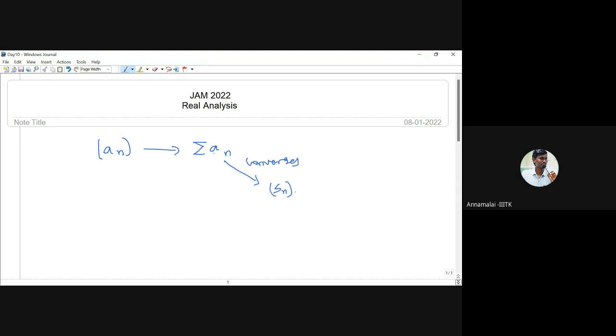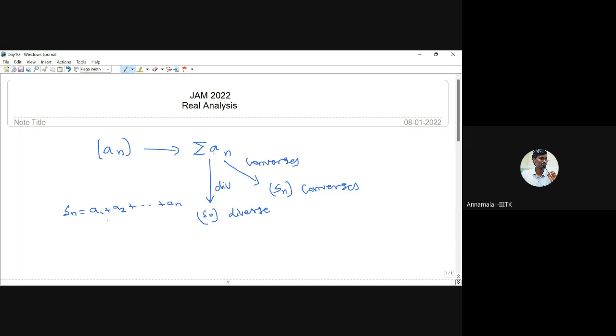If the partial sum converges, then the series converges. When the series diverges, the partial sum Sn diverges. So what is the partial sum? Sn is nothing but the sum of the first n terms of the series.